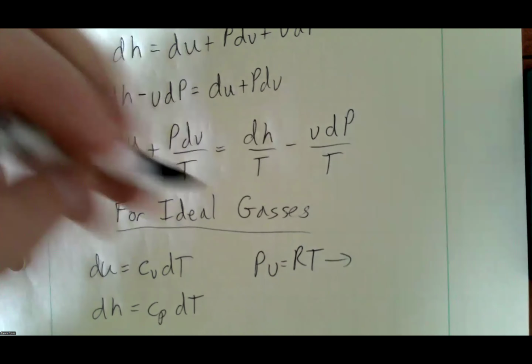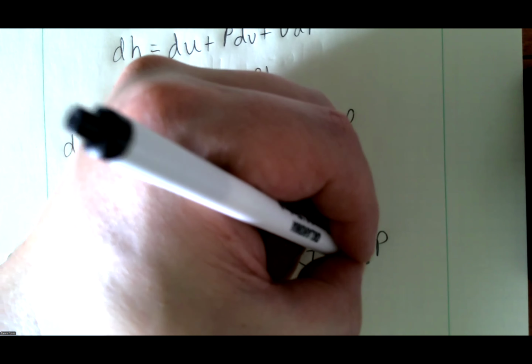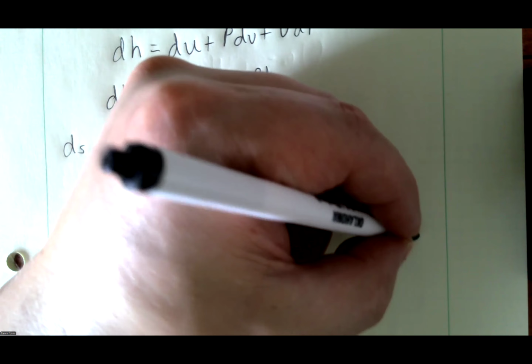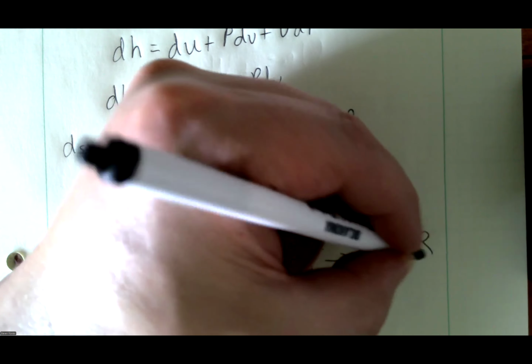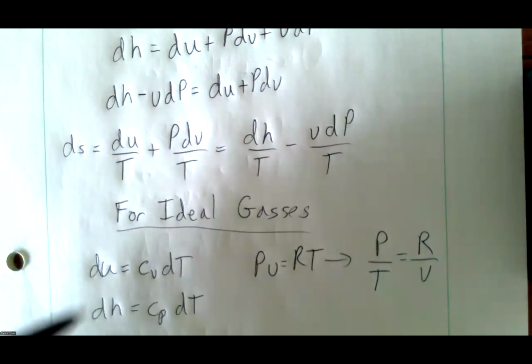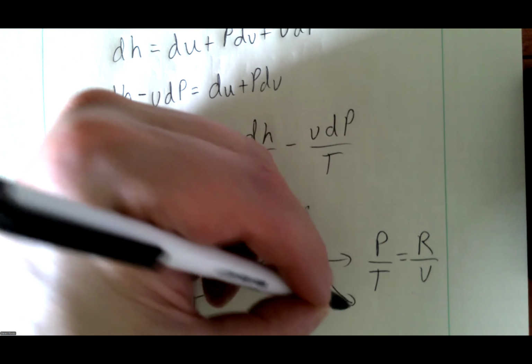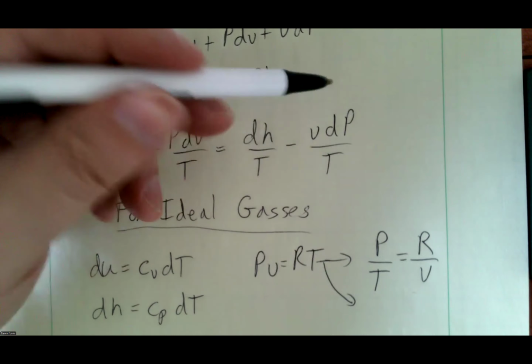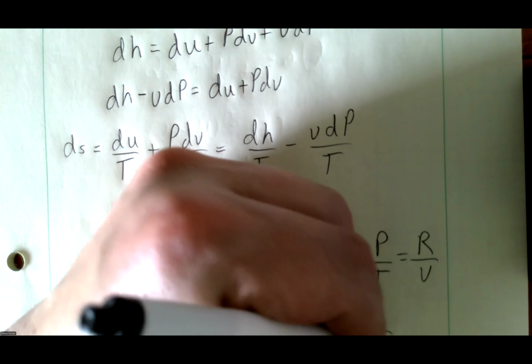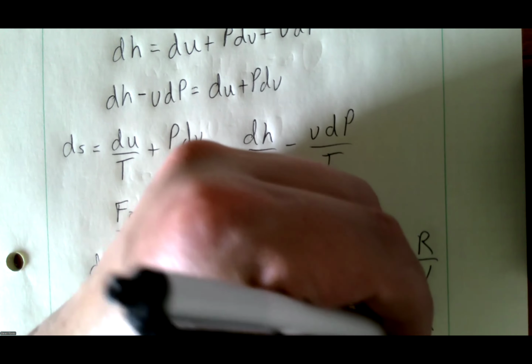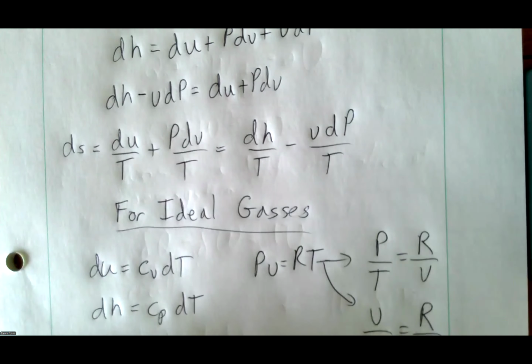Here I need P over T. So I can say, well, P over T is equal to R over V. Or if I need V over T, I can also say that V over T is equal to R over P.